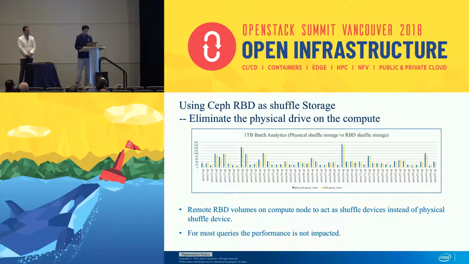During our tests, we found that the performance is not impacted a lot. If you look at the yellow and the blue pillars here, some of the queries have even improved. This is because we have an all-flash array Ceph cluster. The maximum bandwidth for an RBD device is larger than local SATA SSDs. That's the reason.